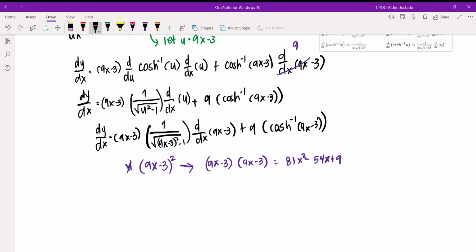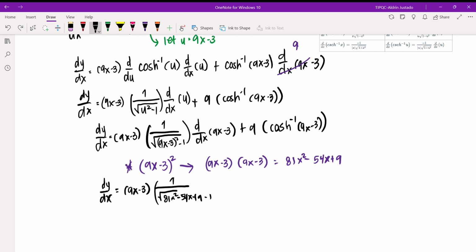So, continue. dy over dx equal to 9x minus 3 times the quantity of 1 divided by square root of 81x squared minus 54x plus 9 minus 1.